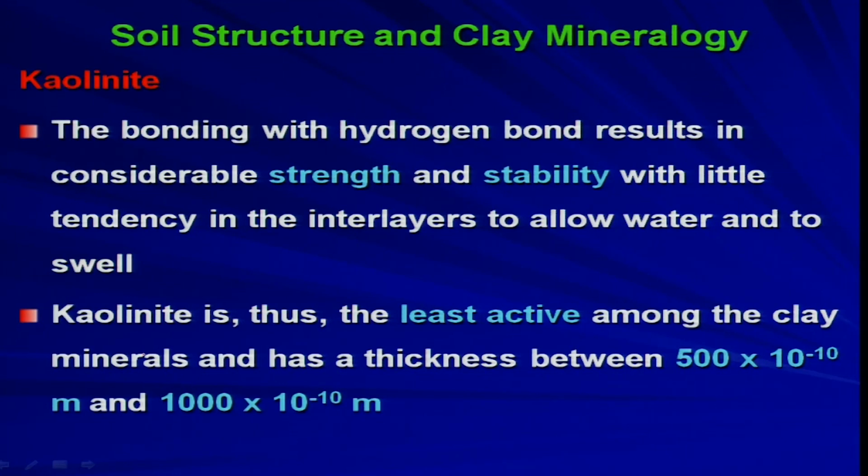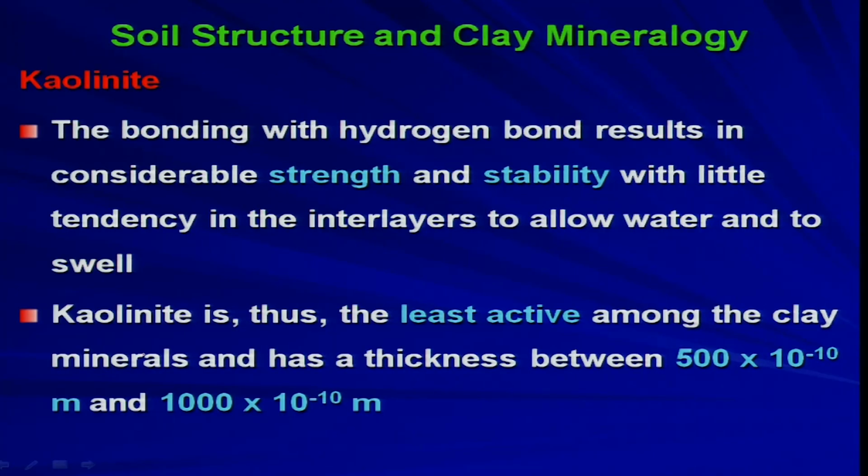Kaolinite is thus the least active because you are not allowing any foreign material or any foreign thing inside your own structure. So, it has become the least active among the clay minerals and has a thickness between 500 × 10^-10 meter and 1000 × 10^-10 meter. This is the thickness of the kaolinite unit, and it is the least active because of the hydrogen bond.